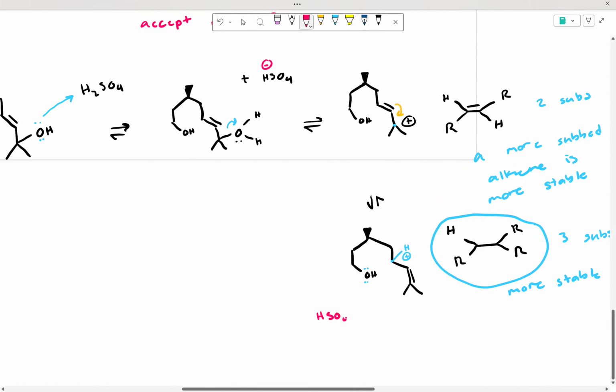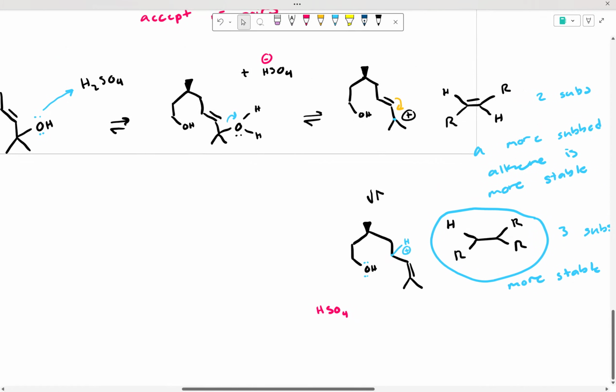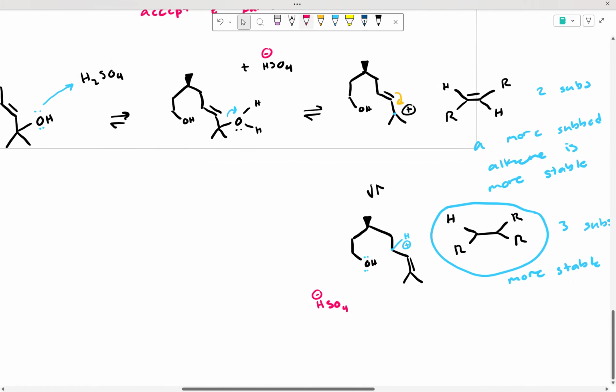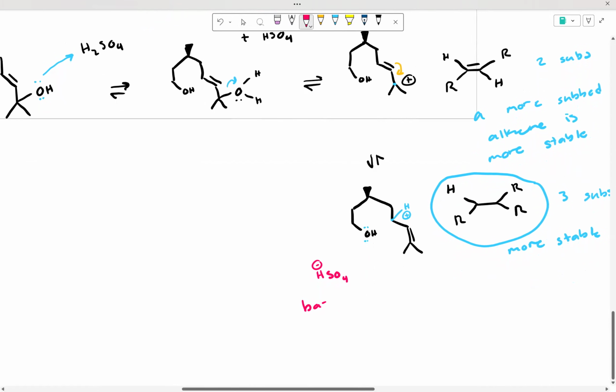A weak base. What do bases do? Bases take hydrogens, or donate electron density.